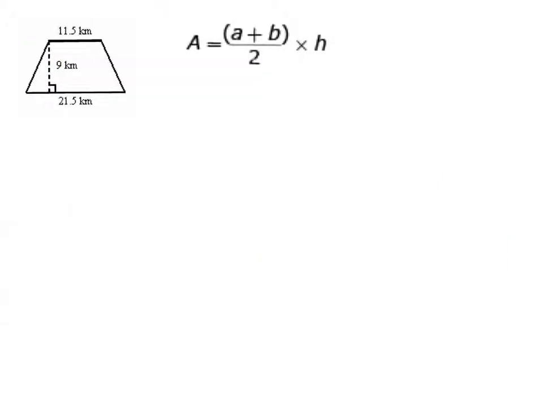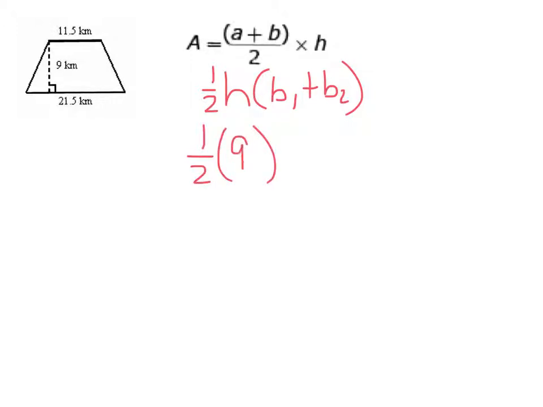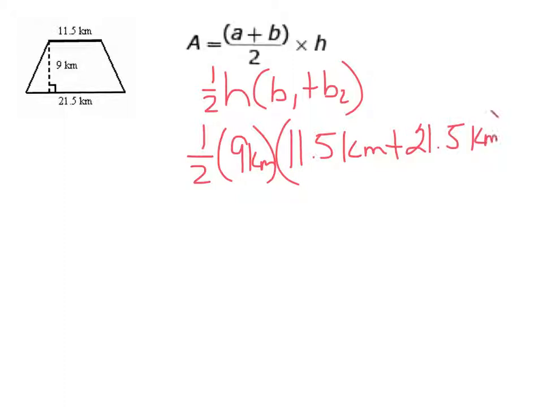So with our trapezoids, again, I'm going to rewrite this so it's a little bit different. So it's 1/2 height, base 1 plus base 2. Just telling you that there's two bases there. So again, we're looking for our dashed line for our height. So our height is 9 kilometers. Our two bases are 11.5 kilometers plus 21.5 kilometers.